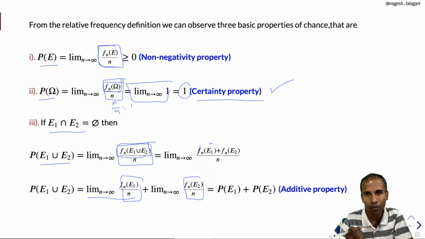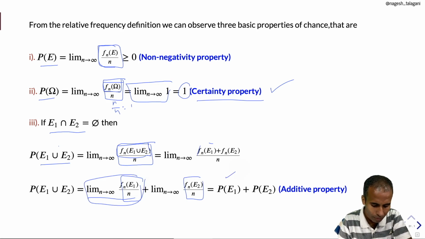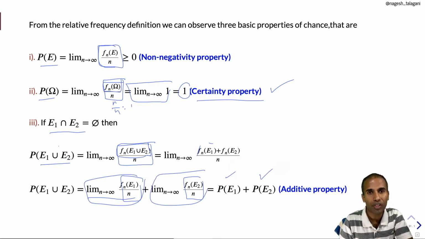Again, from the relative frequency definition, this is precisely the probability of E1 and this is precisely the probability of E2. So the probability of E1 union E2 is going to be the probability of E1 plus the probability of E2, which is called the additive property.